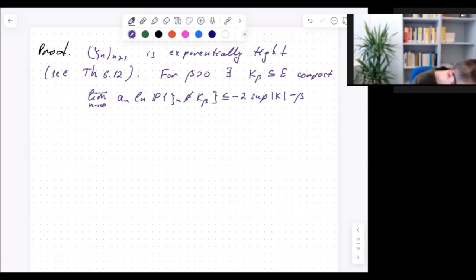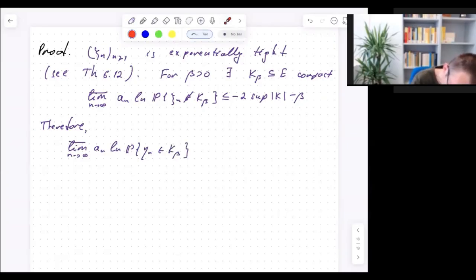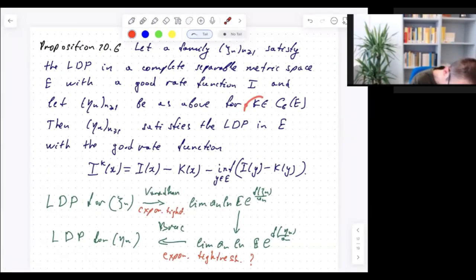Therefore, we can now compute the same limit for eta n. I mean, this k here is different. That K is a compact set, and this k is a function which appears here.